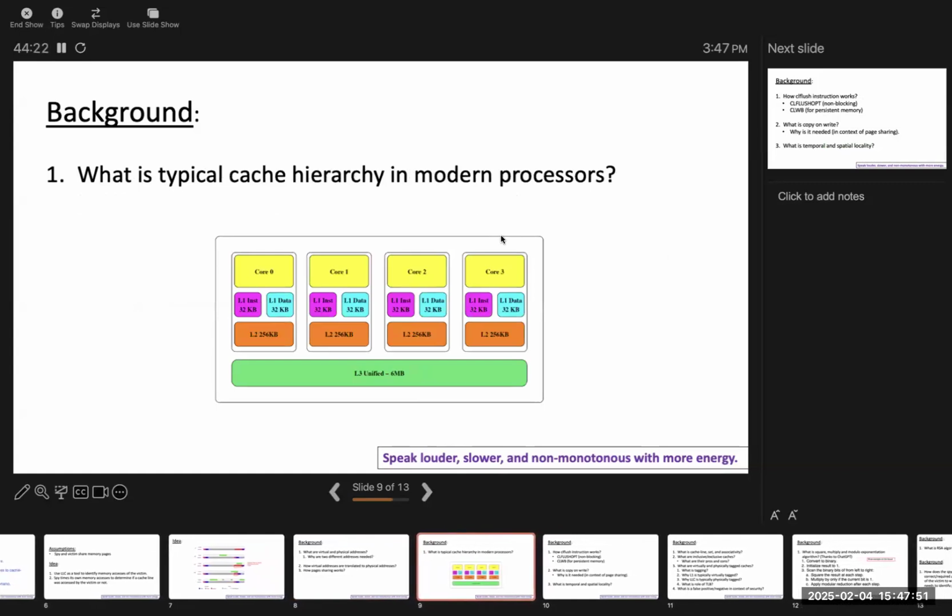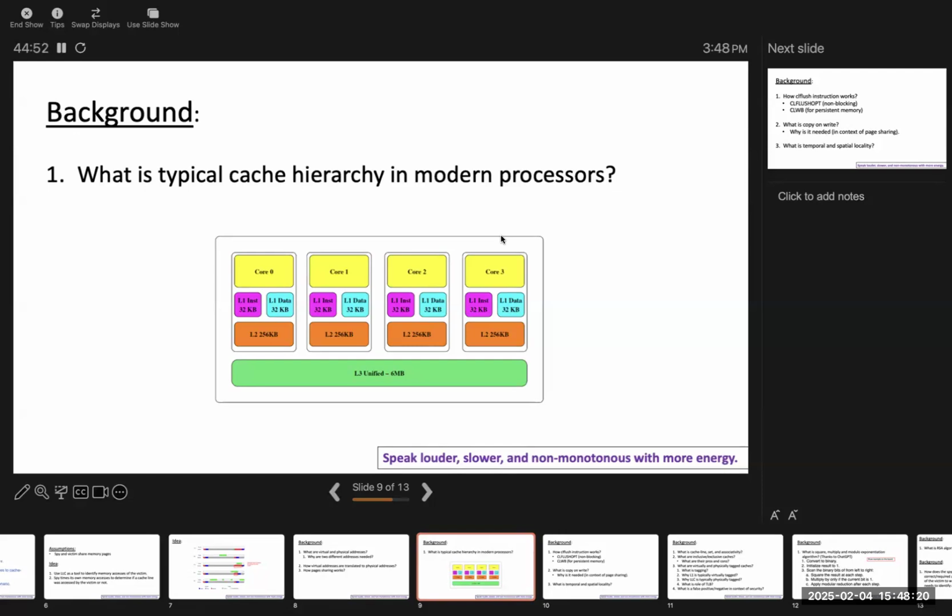Okay, what is a typical cache hierarchy in modern processors? I think we have already discussed, but maybe this is a much cleaner figure. So you have, let's say, 4 cores, with L1 and L2. The L1s are separate in the sense that you have a separate L1 for caching the instructions, and a separate L1 for caching the data. L2 is unified, which means it holds both instructions and data.